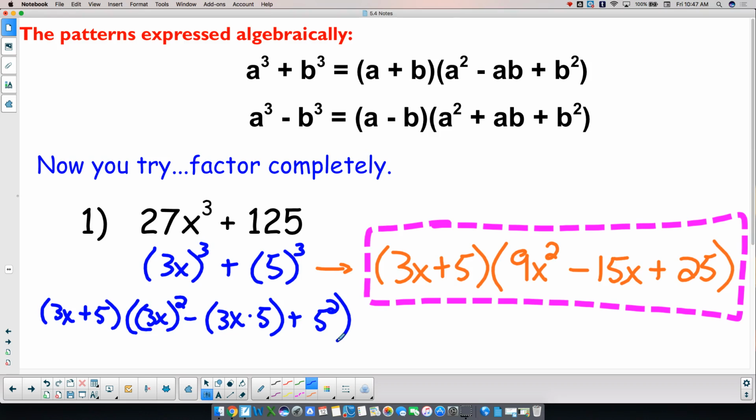It's not that hard. The binomial is just it without the cubes, right? And then it's a squared, opposite sign ab, plus b squared. It's not that hard. I'd memorize the pattern instead of the actual.